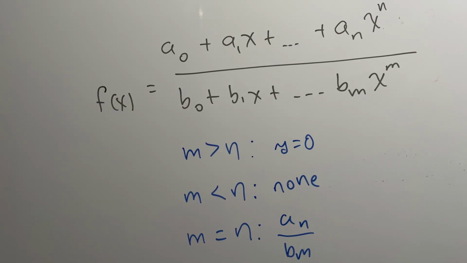When the degree of the denominator m is bigger than the degree of the numerator n, then there is a horizontal asymptote at y equals 0. When m is smaller than n, there are no horizontal asymptotes, and when m and n are equal, then the horizontal asymptote is the ratio between the leading coefficients an and bm, or in that case will actually be an divided by bn, right? Because m and n will be the same.